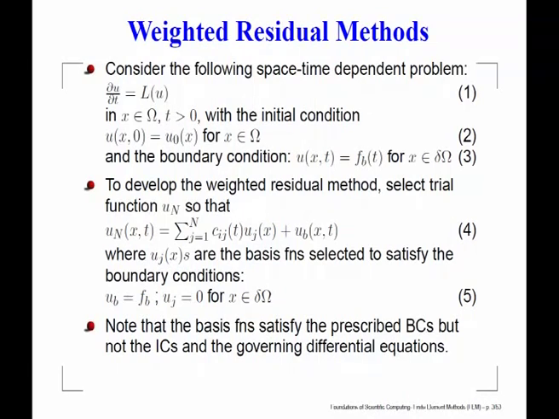So, that means what? You will have to use equation 4 in the governing equation and try to see if you can derive some relations among all these Cj's. I think we will continue with this in the next class. This needs a little bit of understanding of how these things work.